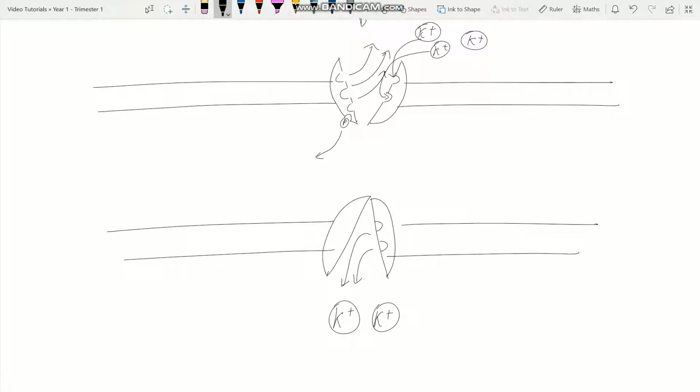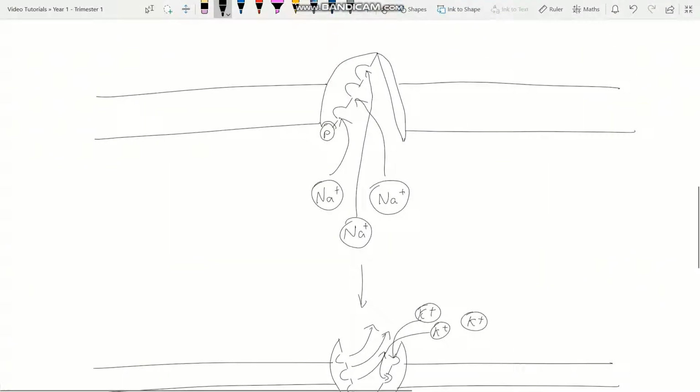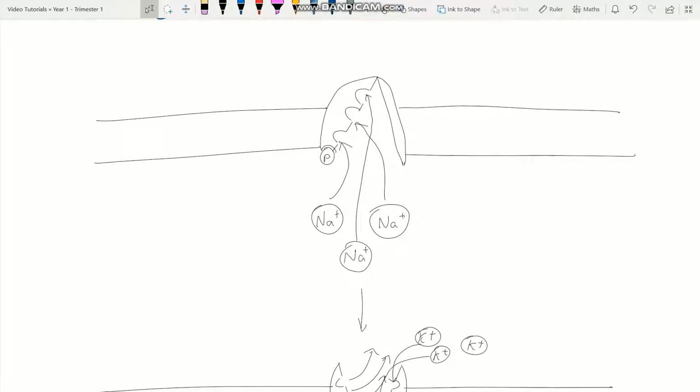So essentially, this protein is able to flip and flop in order to open and close. This is all through the direct hydrolysis of ATP. And therefore, these molecules are able to move against their concentration gradient. And this transporter is able to regulate ion concentration in and out of the cell.